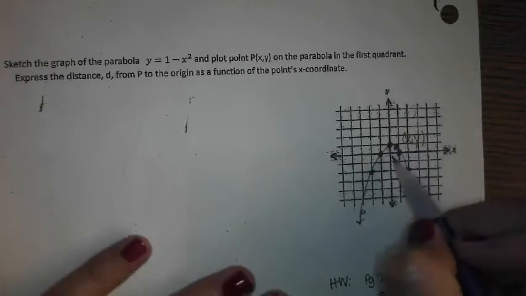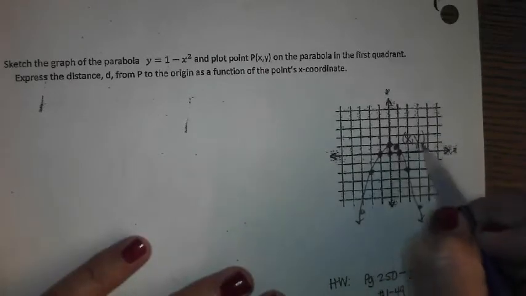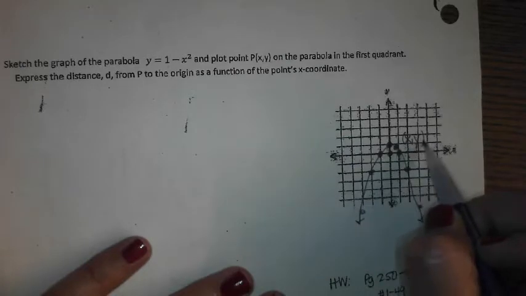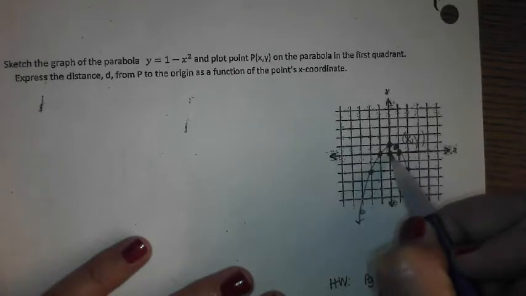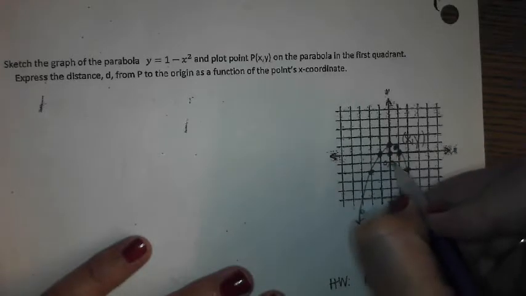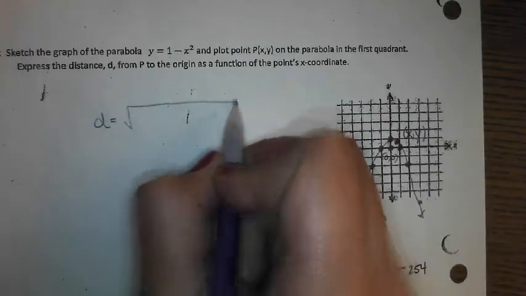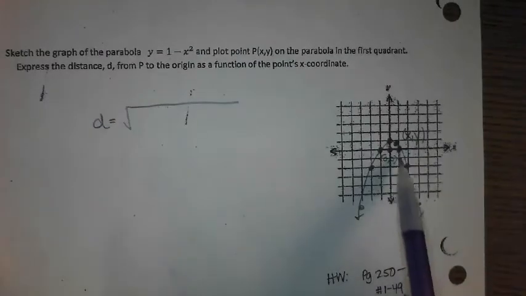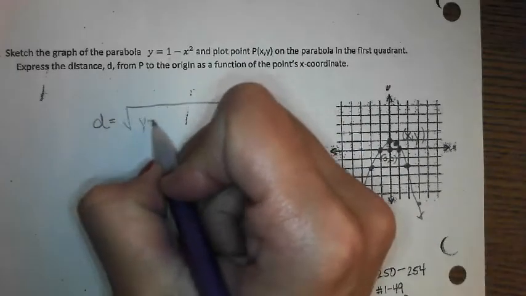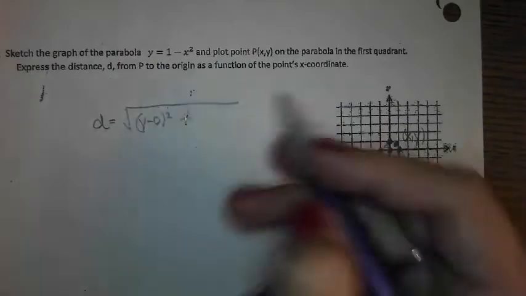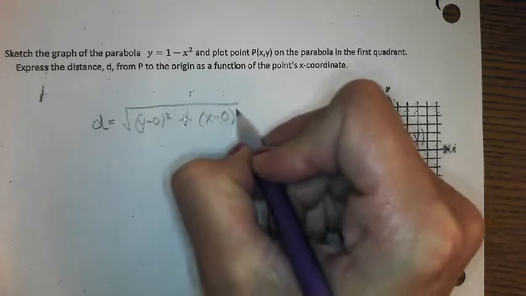Well, we know our distance formula from yesterday. We have one coordinate that's xy, the other coordinate is 0, 0, the origin. So our distance is going to equal the square root of y minus 0 squared, plus x minus 0 squared.